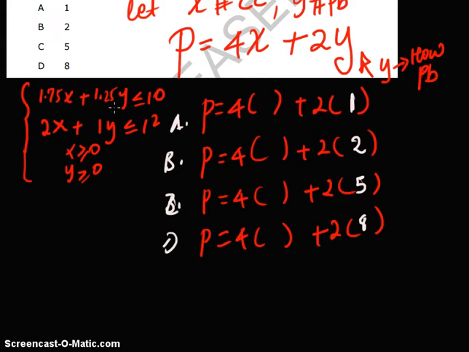So we have 1.75 and 1.25. If I plug the values in, that will tell us the number of batches of X, the chocolate chips.